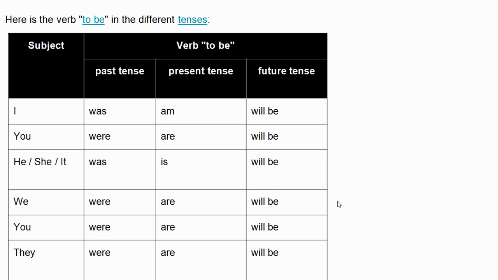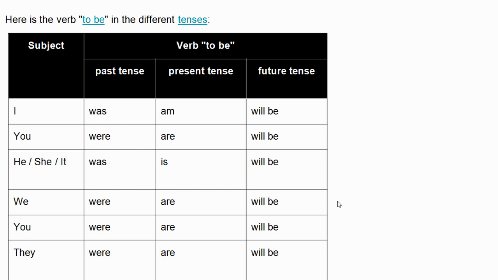Subject I, verb to be: past tense was, present tense am, future tense will be. You: past tense were, present tense are, and future tense will be. He, she, it: past tense was, present tense is, future tense will be.